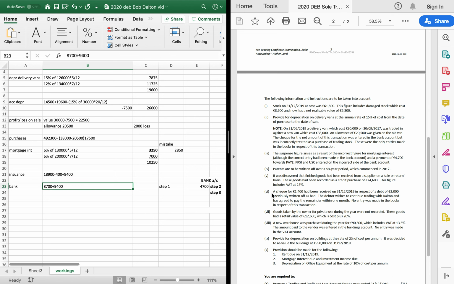What it's telling you is you've bought goods on a sale or return basis. Normally it's you sell goods on a sale or return basis, and it's easy enough. We know if we sell them on a sale or return basis, you reduce sales, you reduce purchases, and you reduce creditors.